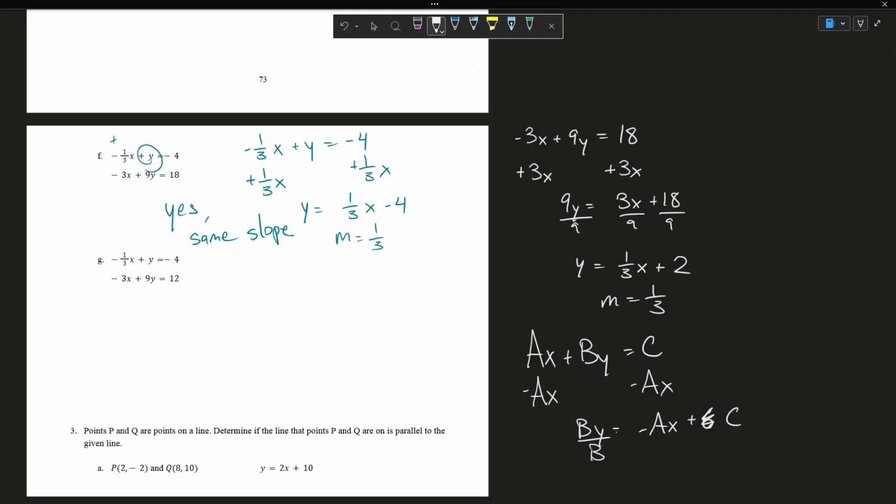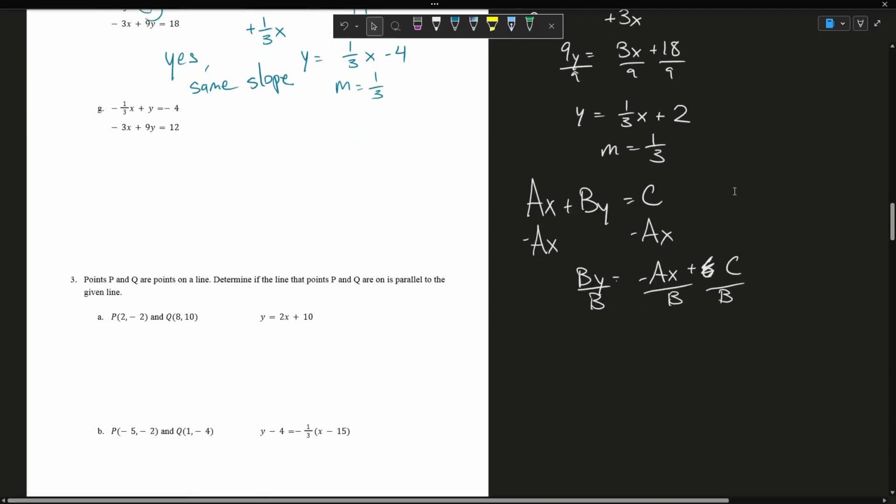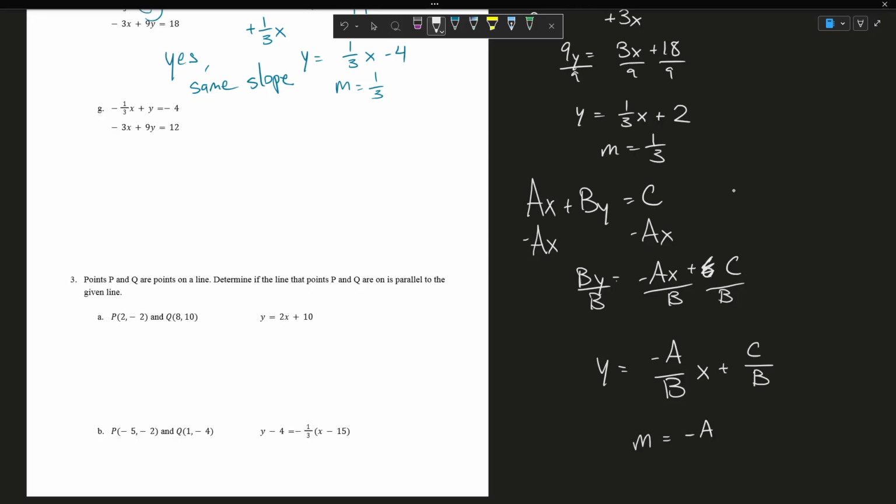Divide by b to get y equals negative a over b x plus c over b. Since we mainly care about slope, you kind of ignore the c over b, but our slope will always be negative a over b. m equals negative a over b.